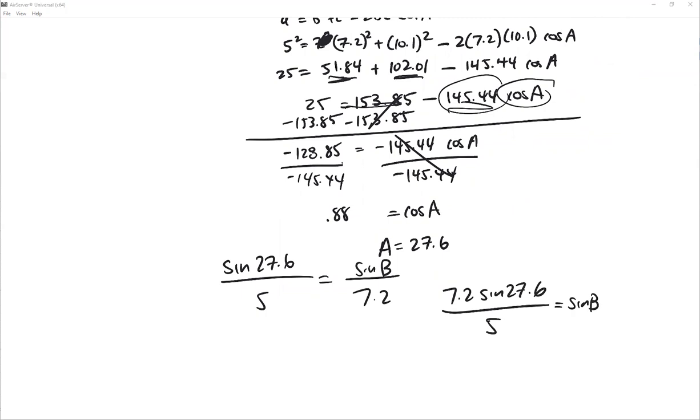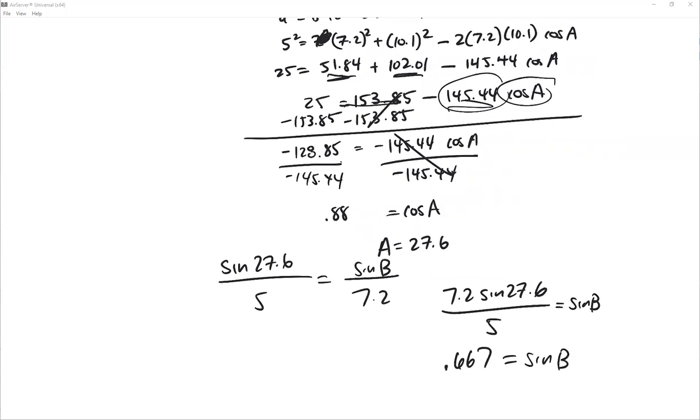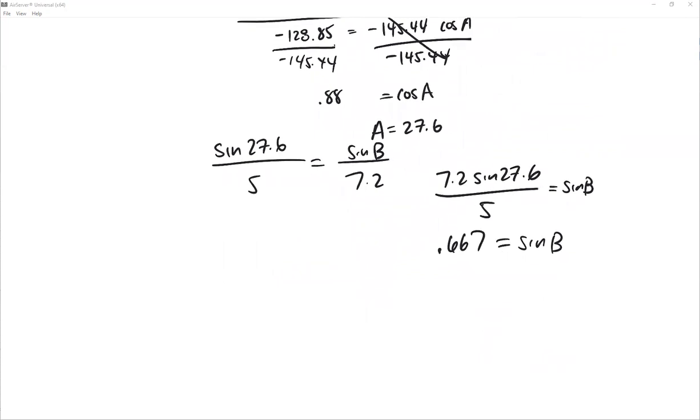We found one angle, and we're trying to find the second angle. So 7.2 sine 27.6 divided by 5 gives you 0.66, which is equal to sine B. Then inverse sine, and you get 41.8, so B is equal to that.